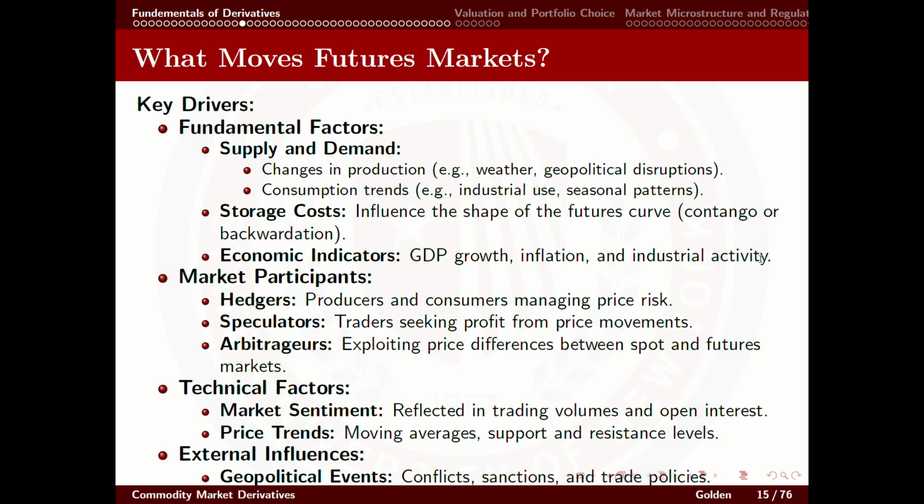years ago. And then, of course, economic indicators: macroeconomic changes move the direction of futures markets because people see signals of how it's going to affect the individual markets. And then you have the market participants, speculators, and arbitrageurs who are exploiting price differences between markets.